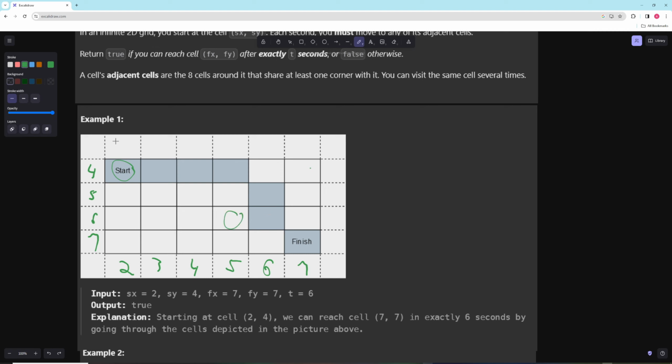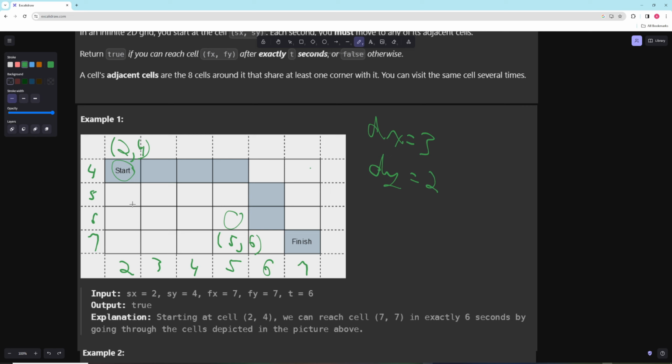So the x here would be 2, and the y would be 4. And for this point, the x is 5 and the y is 6. So dx is 5 minus 2, so that is 3. And dy, like I said, you do absolute value, so it doesn't matter which one you subtract first. dy is 2.